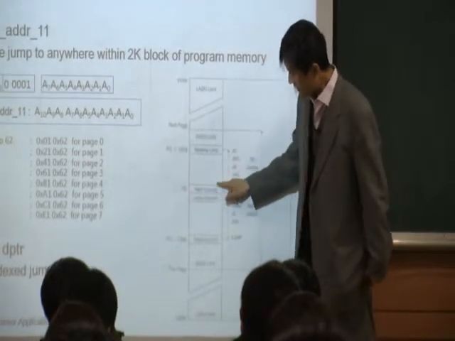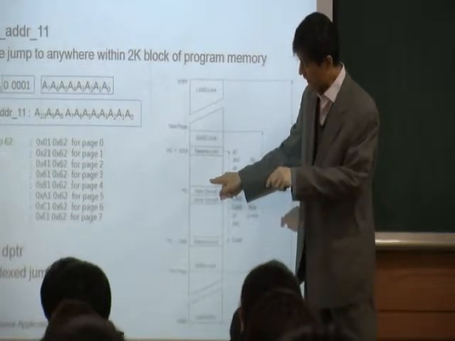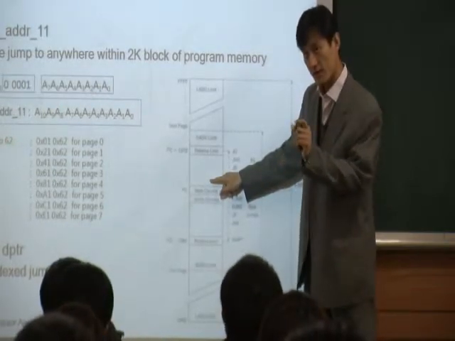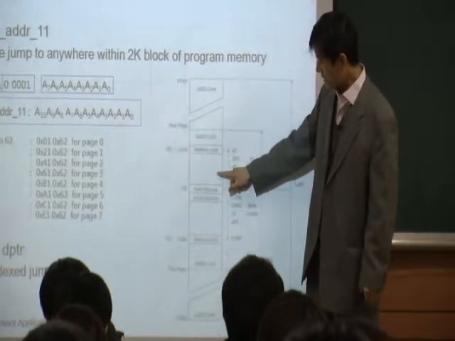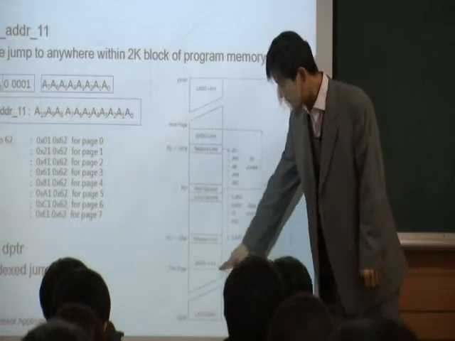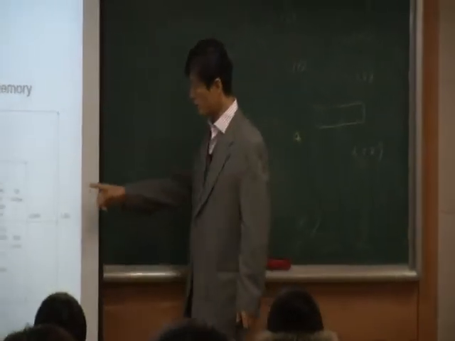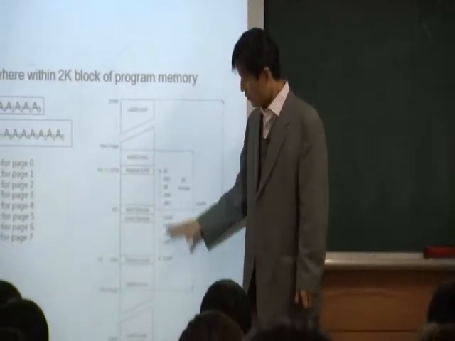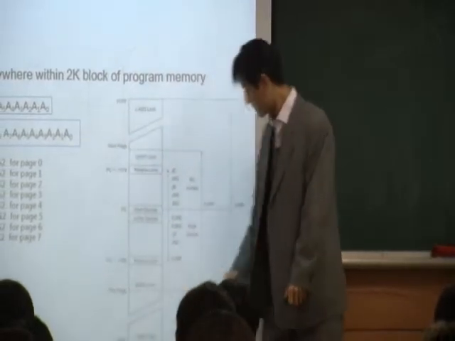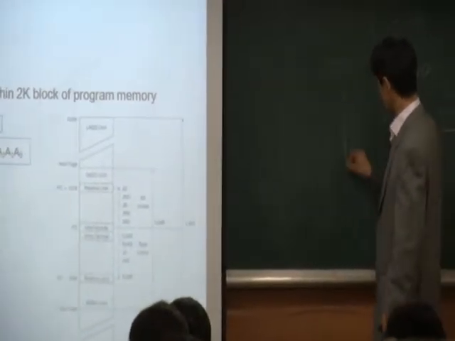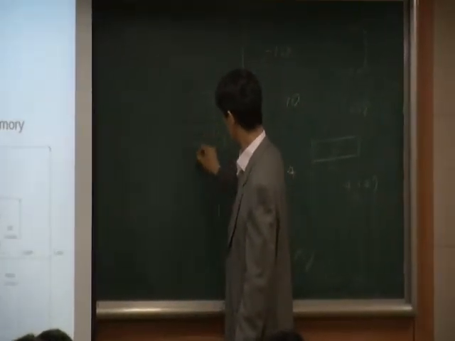Now let's say the current instruction is, say, A jump 62 as an example. In that case, what this means is that we are thinking of a 2K range. Within this range, we are dividing this 2K into 8 different pages.